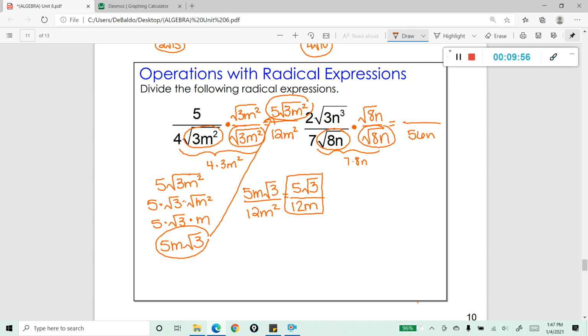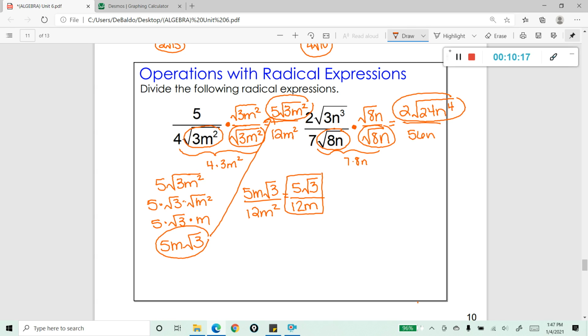And my numerator, let's piece it all together here. 2 times the square root of 24. I'm going to use my exponent rules again. n cubed times n is going to leave me with n to the 4th because I'm going to add those exponents. I'm going to do that same process.